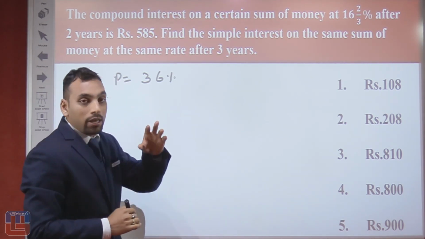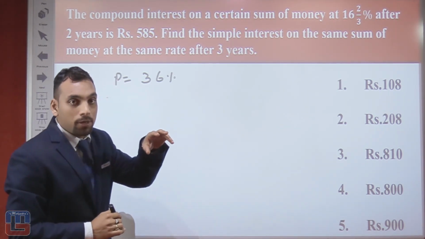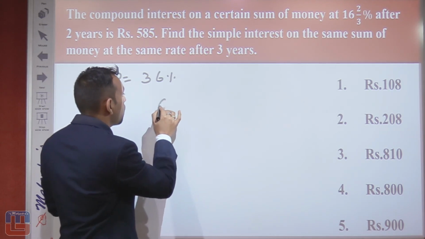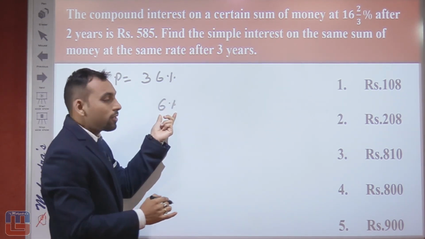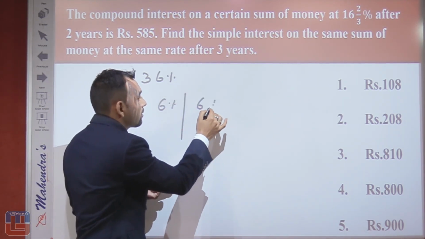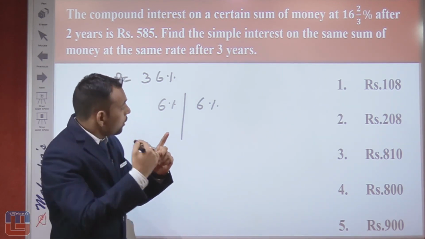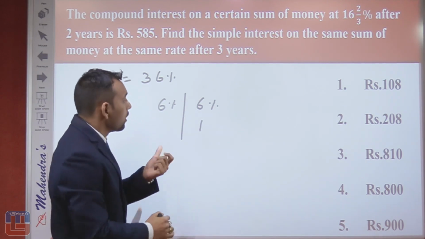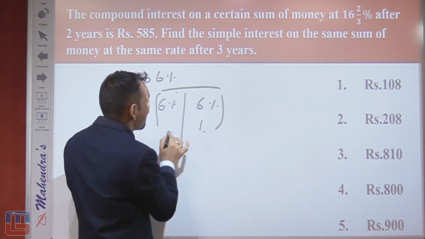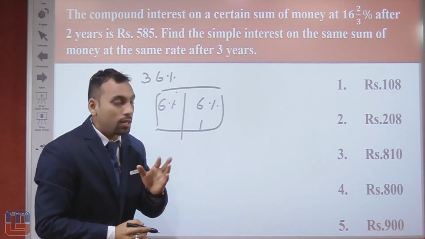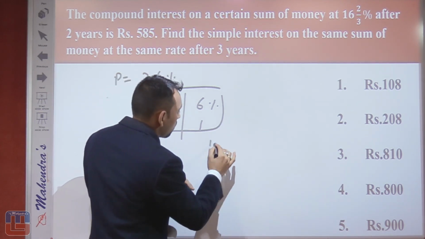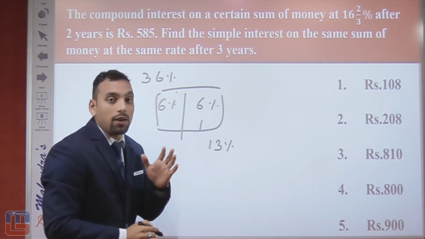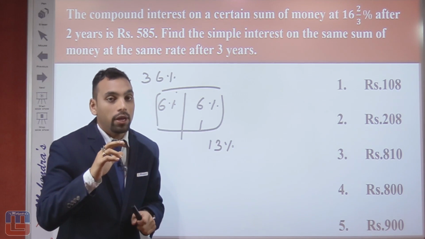If the principal is 36%, then 1/6 of this will be 6%. This 6 is for the first year, and in the same way 6 for the second year, and 16 2/3% of 6 will be equal to 1. So the CI after 2 years is 12 plus 1, 13%, and the CI after 2 years we have 585.